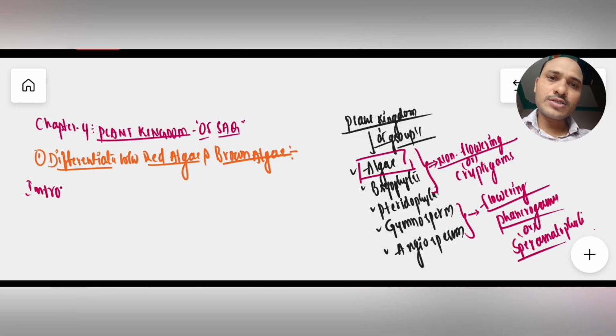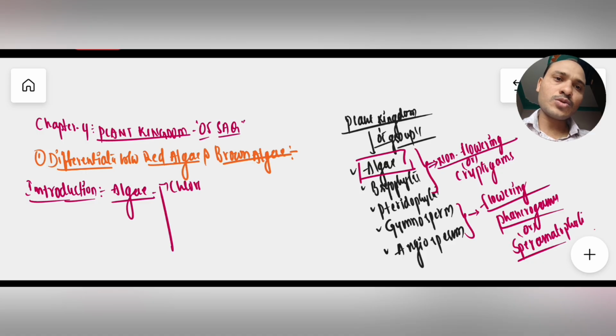First, introduction to algae. You need to remember they are chlorophyll containing. Algae are chlorophyll-bearing, simple plant groups. Very important, they are thalloid; their body is a thalloid body.